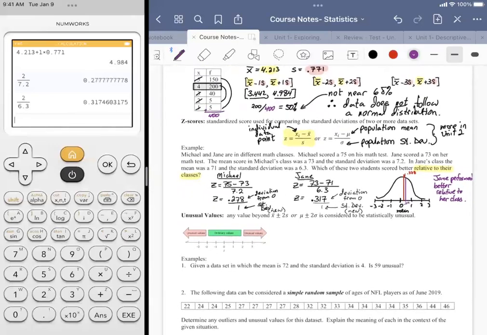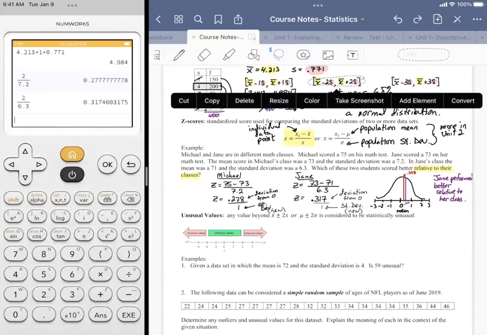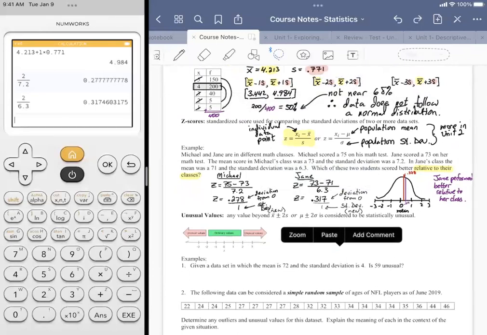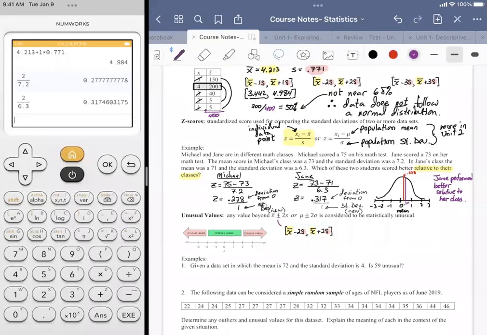Now, an application of this goes into what we call the usual, unusual values calculation. So we just kind of streamline that and just say unusual values. Any value beyond X bar plus or minus 2S, which is the same computation that we did up here. So I can bring that right on down. This same computation will tell us whether there are any unusual values.